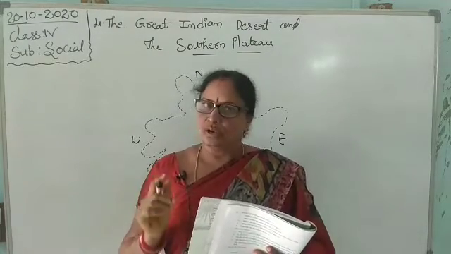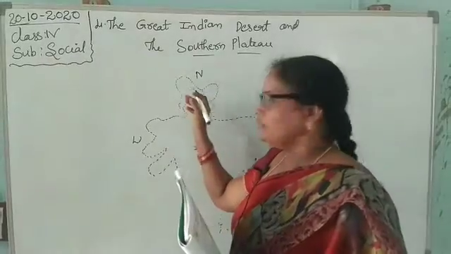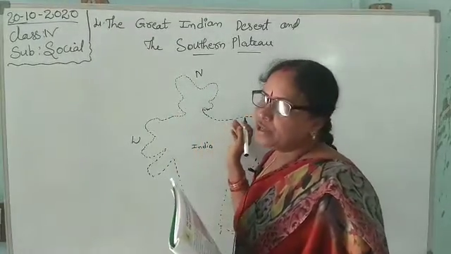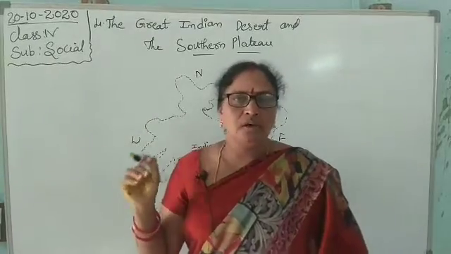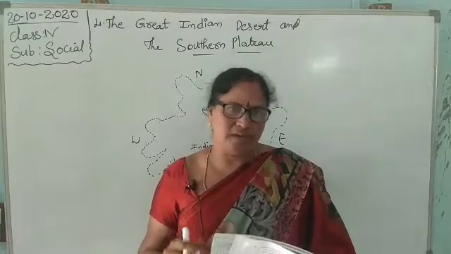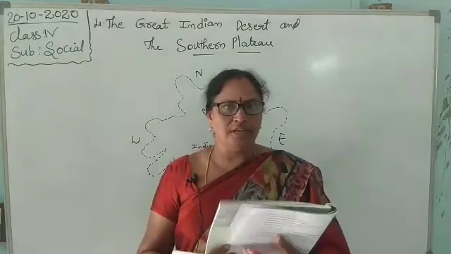First one is the northern mountains, the top of India, from Jammu and Kashmir to Arunachal Pradesh. The northern mountains have extended. Those are called the Himalayas. Already we learned about the Himalayas.